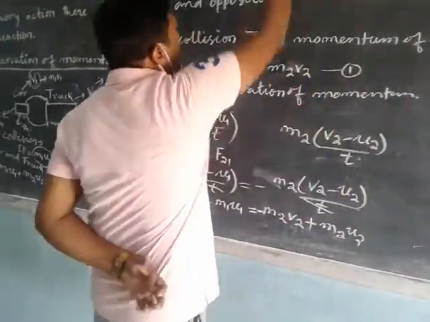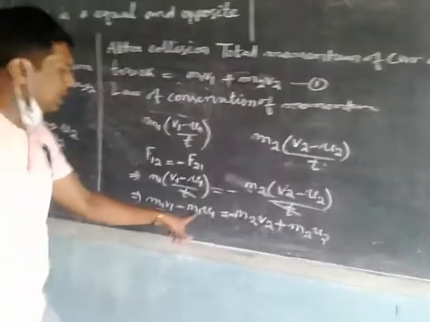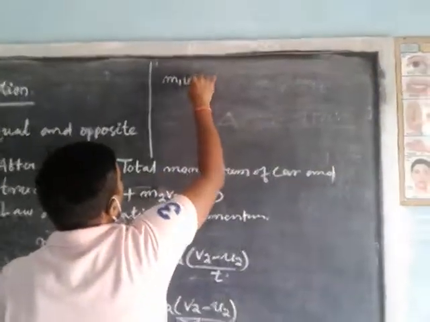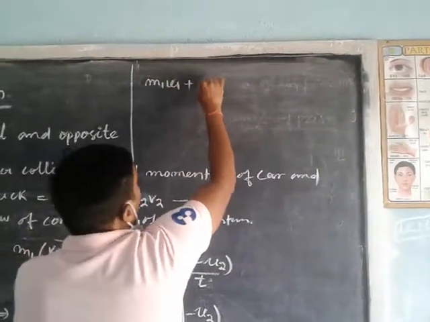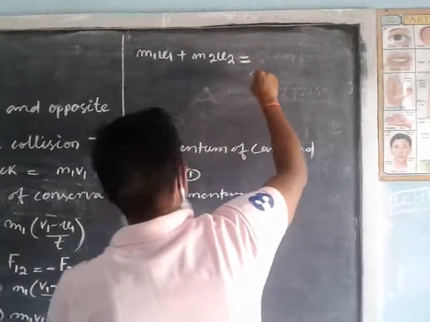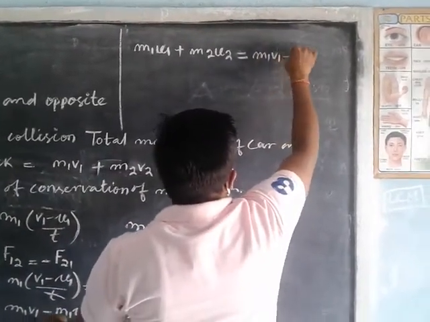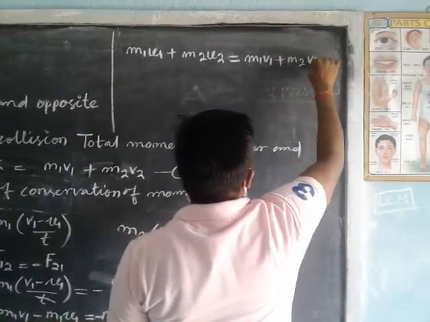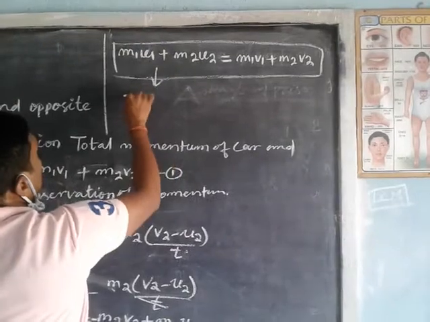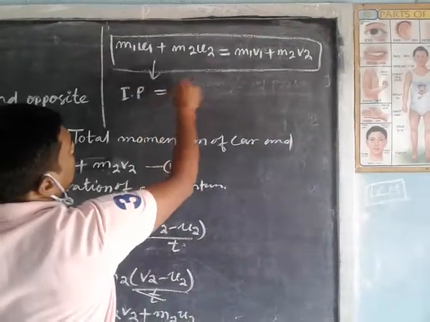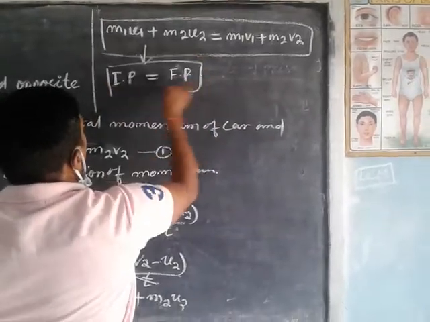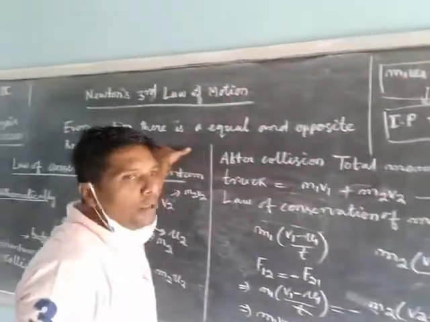When we take the terms from the left side to the right side, the sign changes. So m1 u1 plus m2 u2 is equal to m1 v1 plus m2 v2. That means the initial momentum is equal to the final momentum. This is known as the law of conservation of momentum.